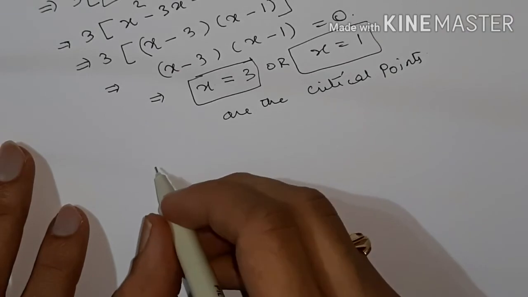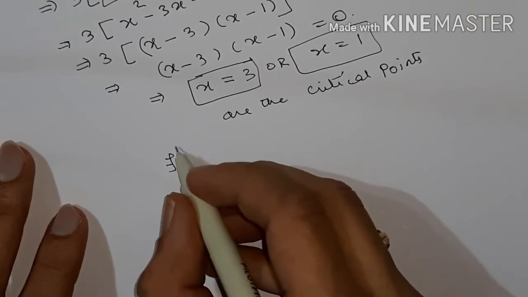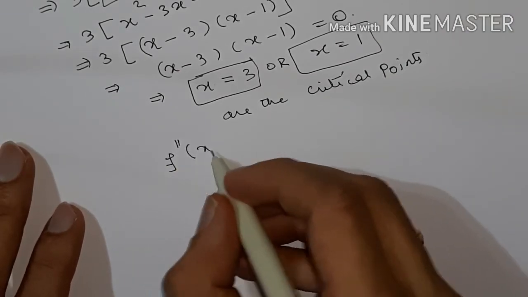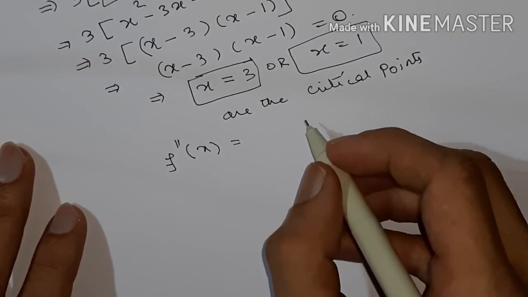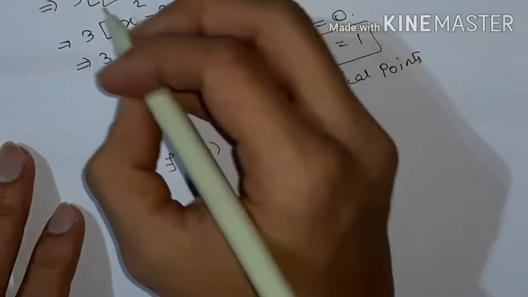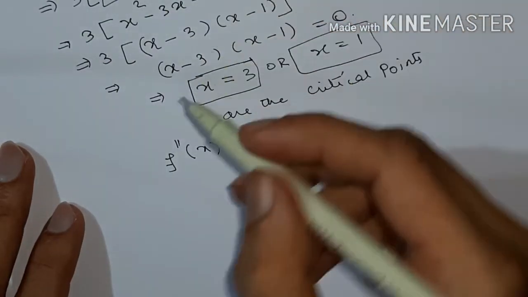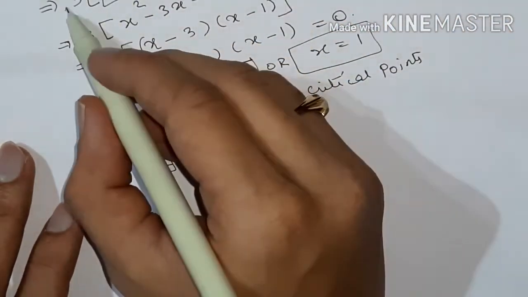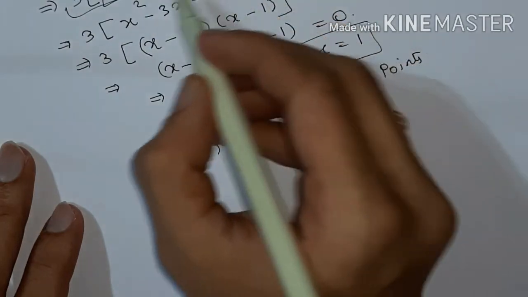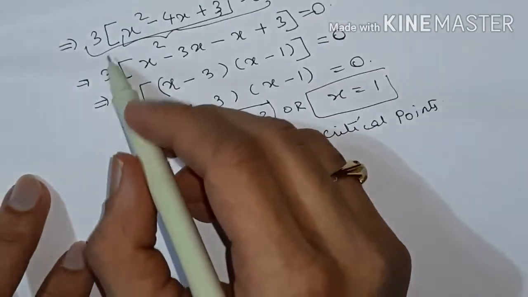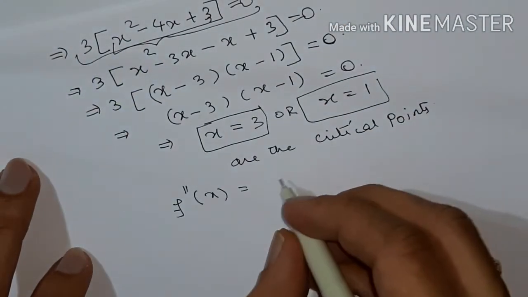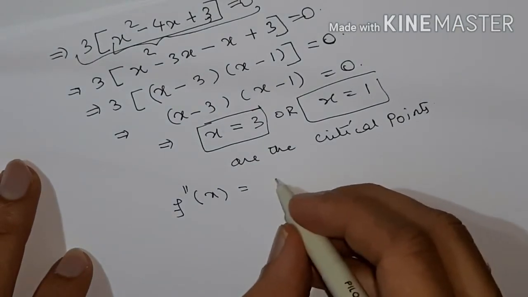Now once you find the critical points, what you have to do? You have to find f double prime of x. Take it carefully because you have done simplifications here, you have divided by 3. So f double prime of x is 3 times x square minus 4x plus 3.